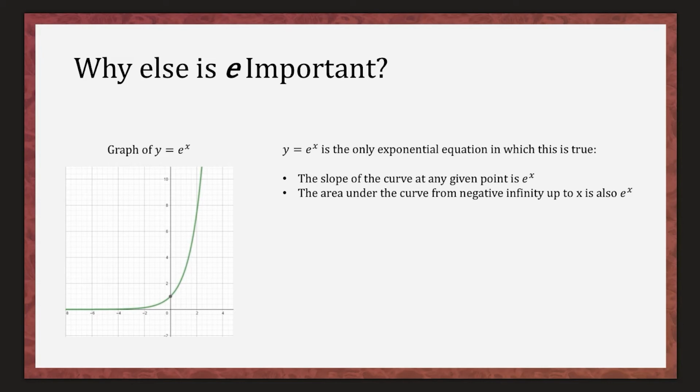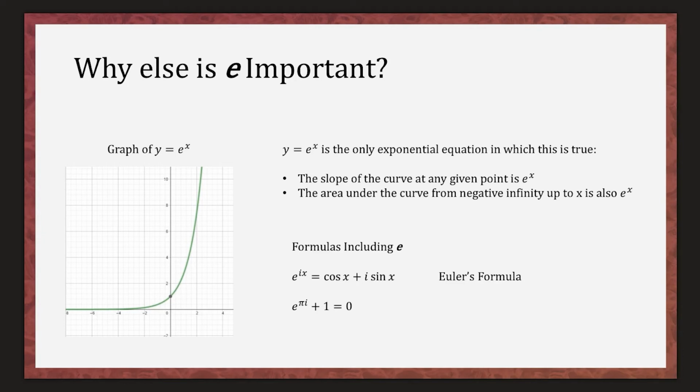And the area under the curve from negative infinity up to x is also e to the x at any given point. So e, Euler's number, actually brings together all of calculus, since calculus very much is concerned with slopes of curves and areas under curves. So e to the x will only grow in importance as you begin to learn calculus.